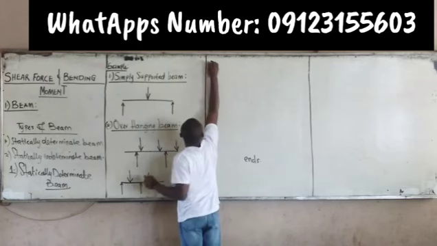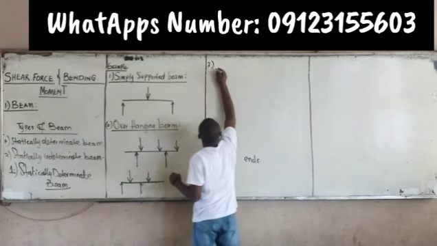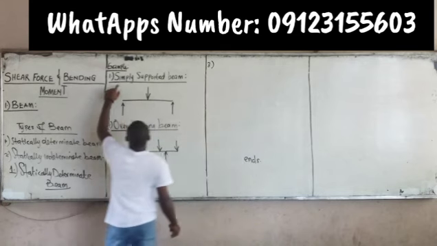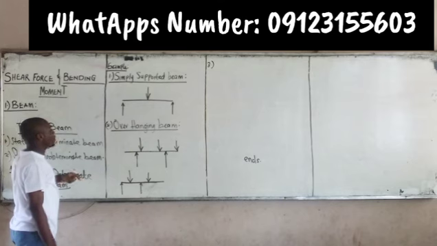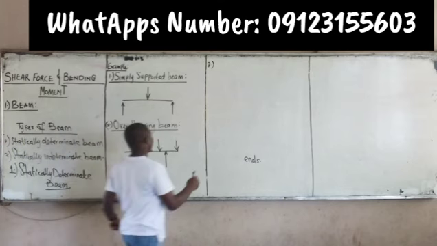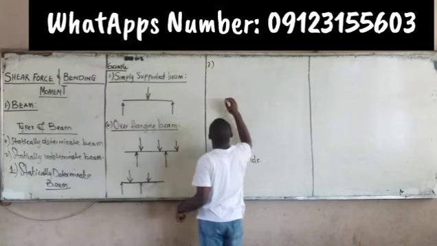So let's move to the third example. We have the first one, simply supported beam. Number two, overhanging beam. And number three, cantilever beam.